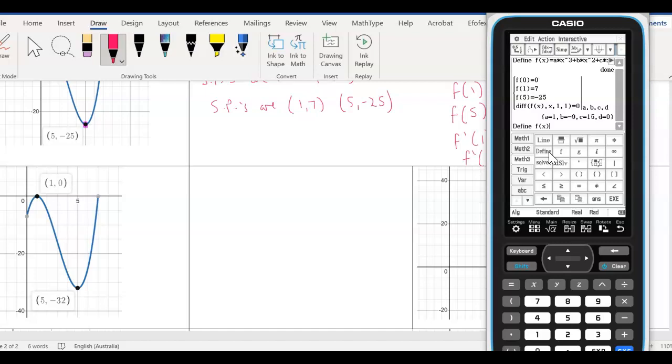This time I'm going to say, all right, define f of x given that, oh actually, no. Now just bear with me because I did this, I'm pretty sure. Oh yeah, didn't do that. No, I don't want that either. I don't know why it does that. It's giving me a parabola.